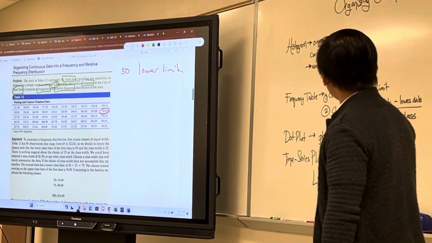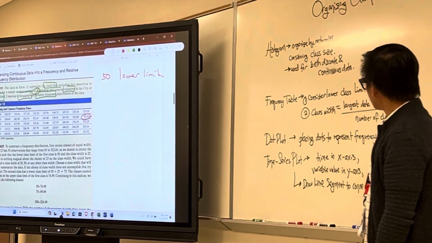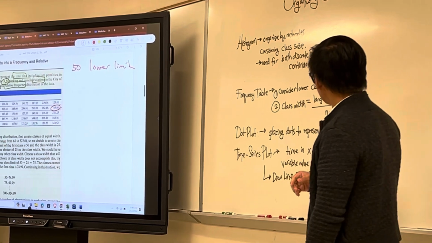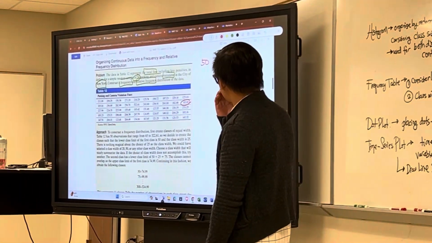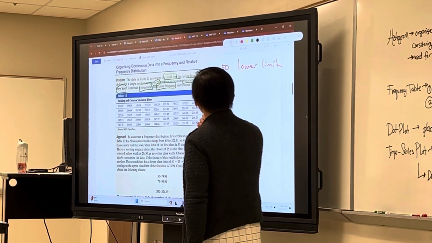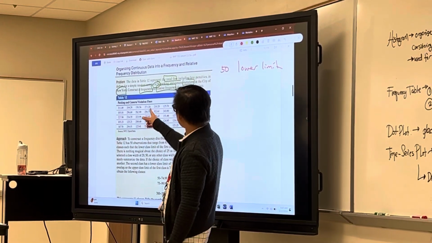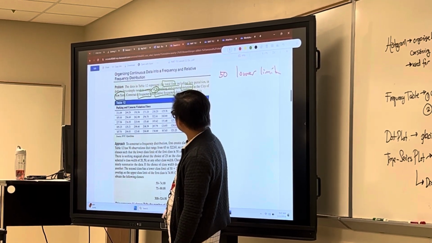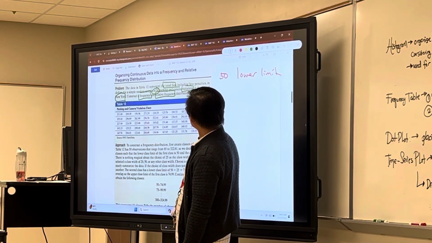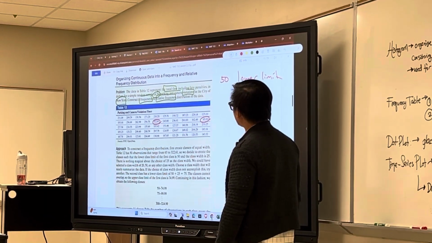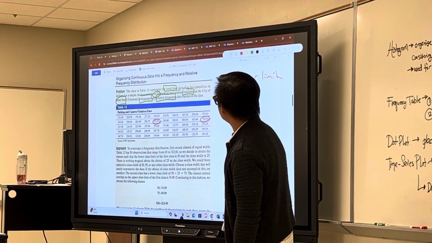Next, to get the class width, we can consider what's the largest value as well, right? So what's the largest value that you have seen in here, guys? There's 322. Is there something bigger than 322? The biggest that we have seen so far, 322?